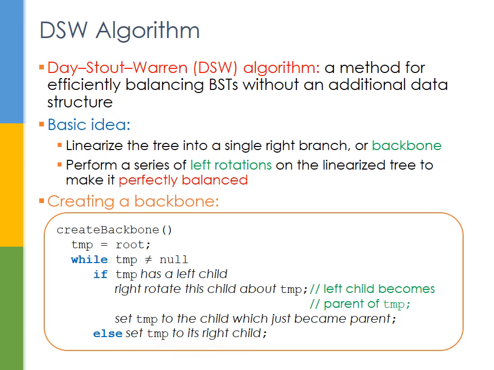So this continues then until eventually temp becomes null, and this will then be a situation where we eventually get to the last node of the linearized tree. We then attempt to set temp to its right child, but there is no further right child, and that will then terminate the backbone creation process.